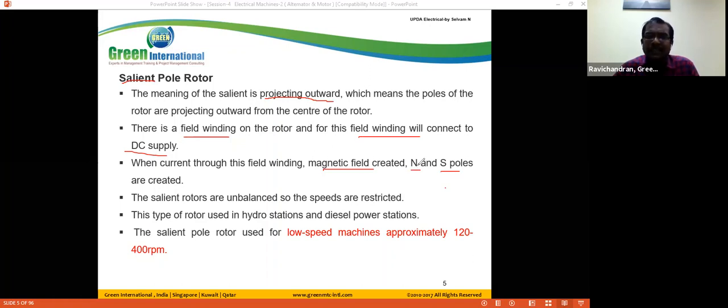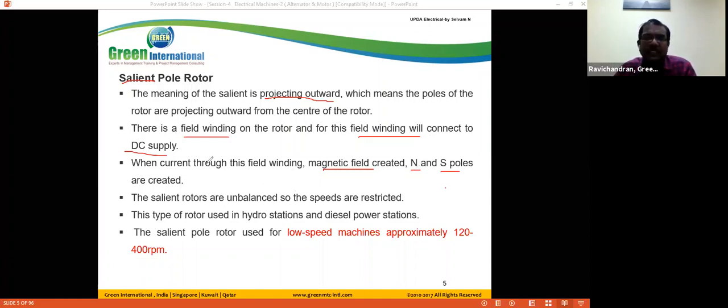Here is the difference between the DC generator and the alternator. In the DC generator, the field windings are connected in the stator yoke, and it produces a constant magnetic field like this, and the conductor cuts the magnetic field. I'll be discussing that in the DC generator.